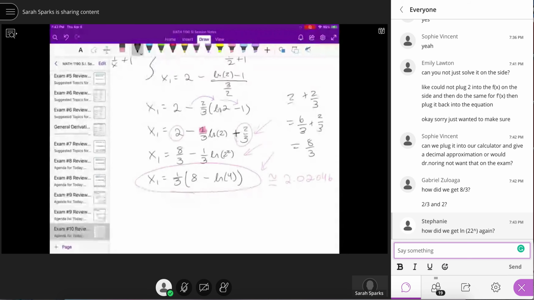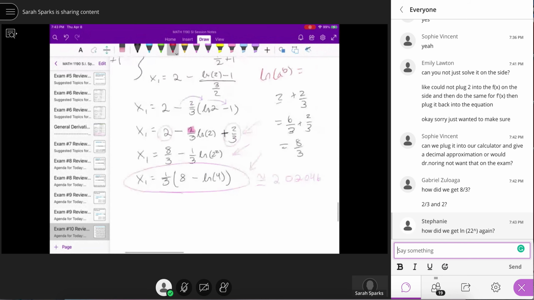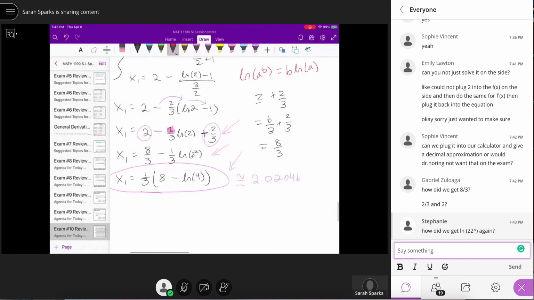So we have a log property that says ln of a to the b is equal to b ln of a. So I just brought that b back in where that a is. I could have brought in that 1/3 as well, but since we had something nice to factor that out with, I didn't.